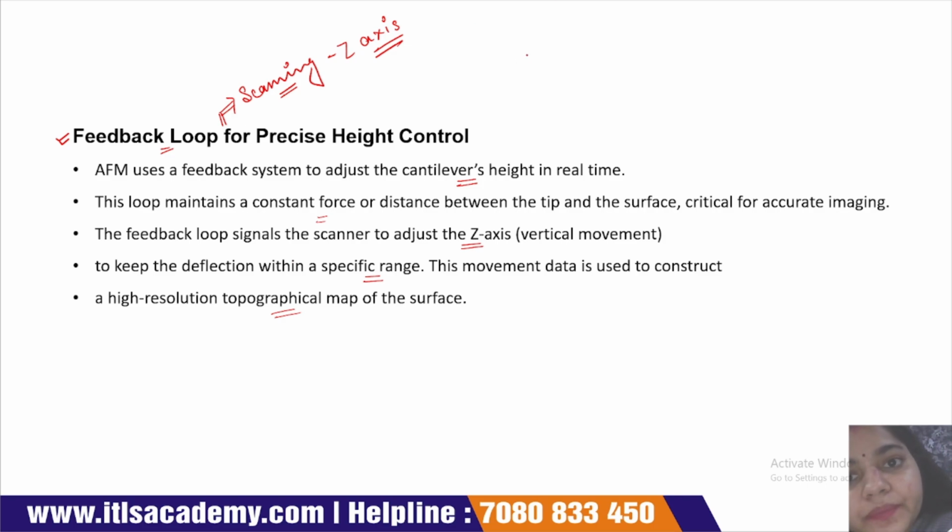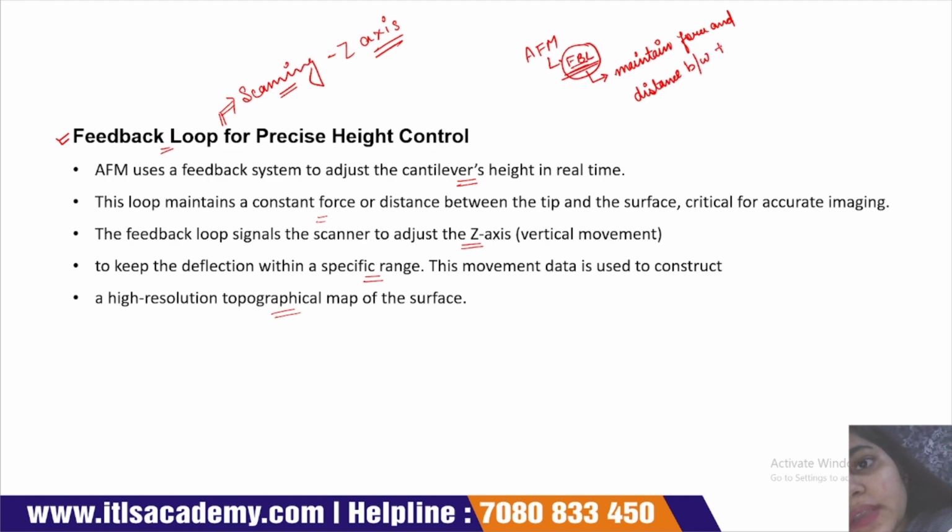In AFM we use a feedback loop system. Why do we use this feedback loop system? Because we want to maintain force and distance between the surface and the tip of the cantilever.